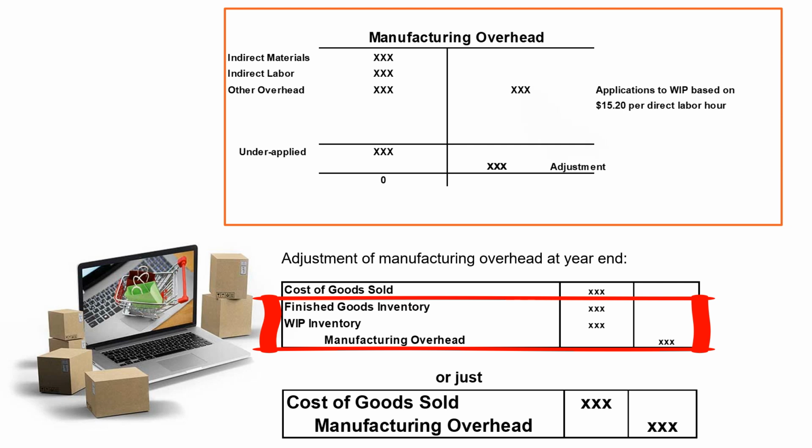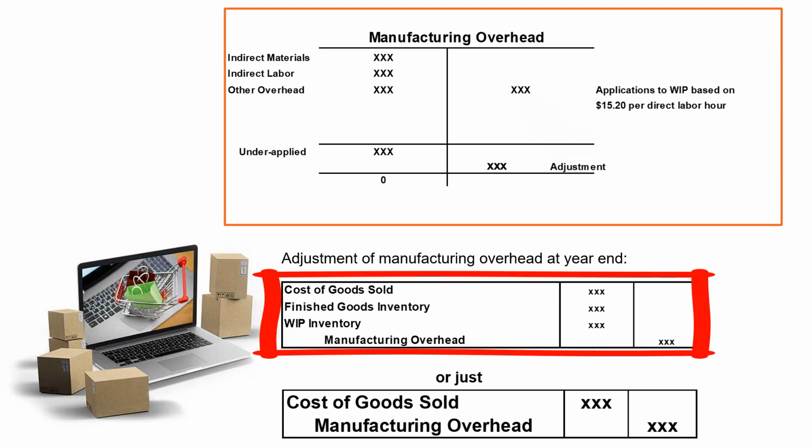So really, I suppose what we should do is say, gee, our work in process should have been a little higher, but most of that's in finished goods now, so maybe finished goods should be a little higher. But most of the finished goods has been sold, so maybe really what we're saying is that cost of goods sold should be a little higher. In fact, maybe most of this under-application really should go to cost of goods sold. Typically this amount of under-application is fairly small, hopefully fairly immaterial.